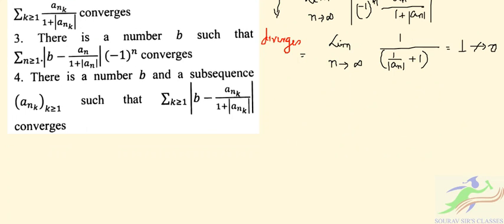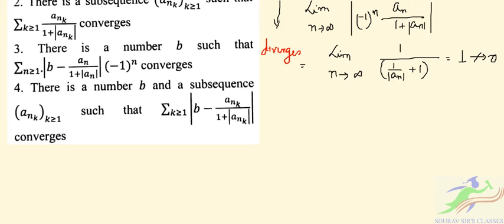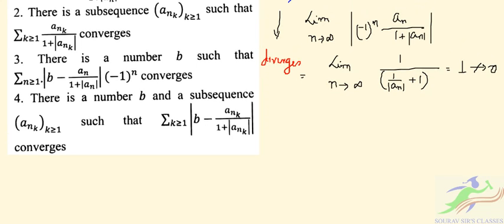Now let's check with option 2. In option 2 it is stated that we have a subsequence, say a_(n_k), where k is greater than or equal to 1, such that this subsequence converges in the same manner.